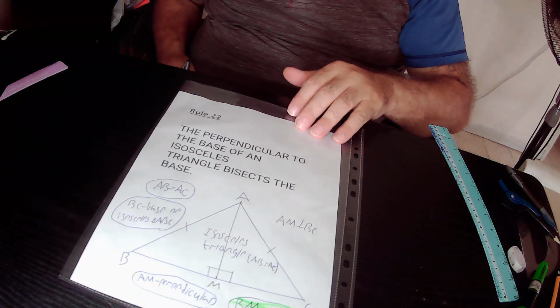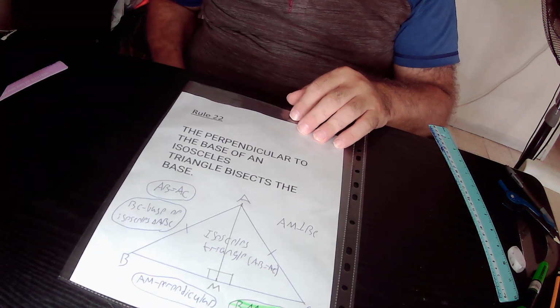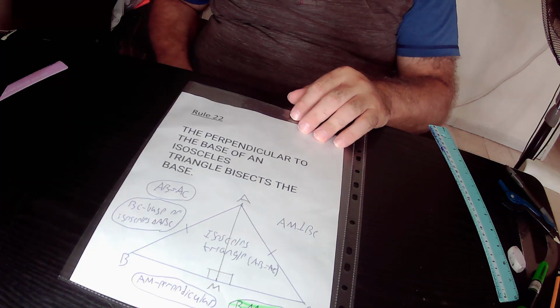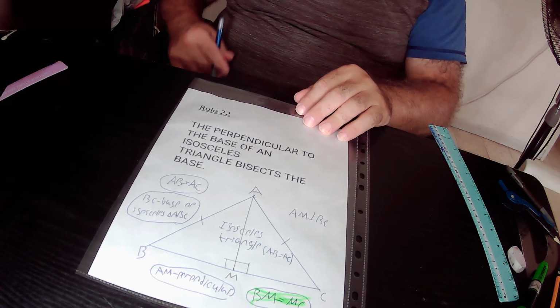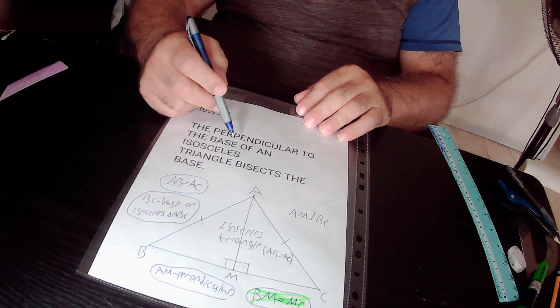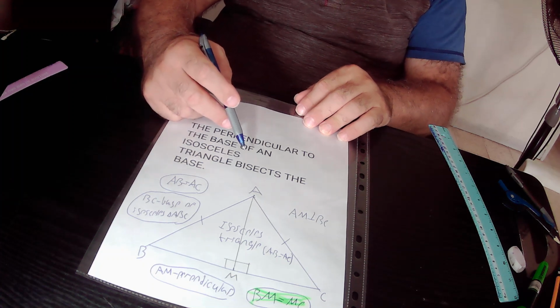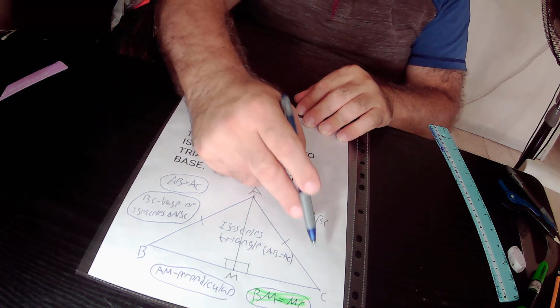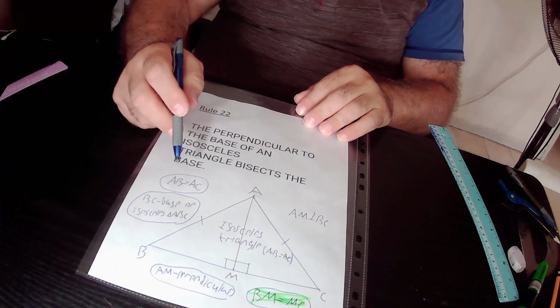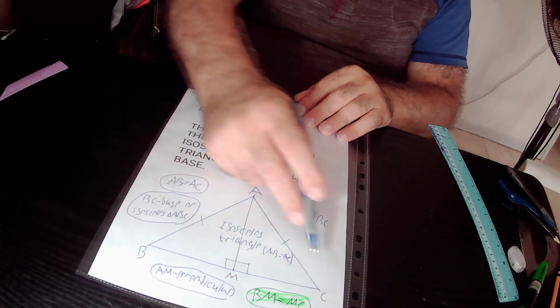I'll repeat quickly rule 22. According to rule 22, the perpendicular to the base of an isosceles triangle bisects the base. In the drawing, we have triangle ABC, which is an isosceles triangle because side AB equals side AC. The base of this isosceles triangle is BC.